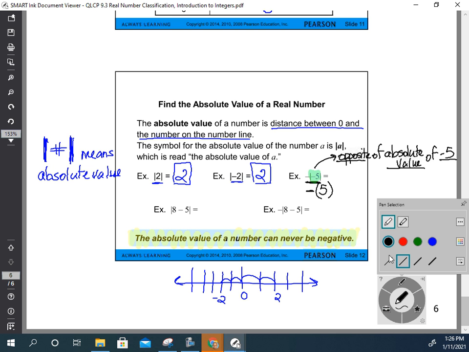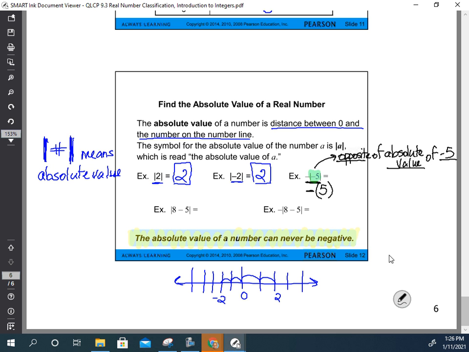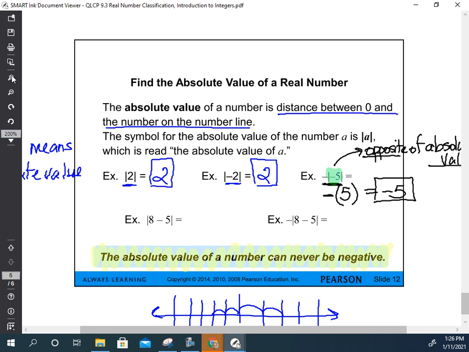So that means take the opposite of 5, which is negative 5. So you're going to end up with a negative number as your answer.